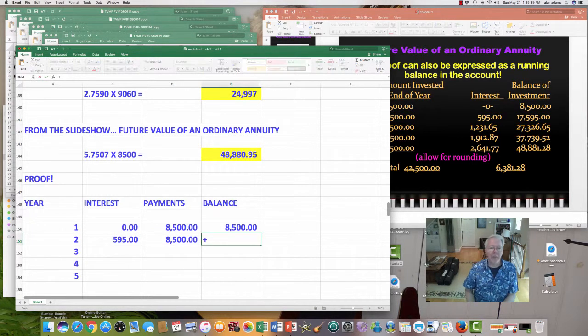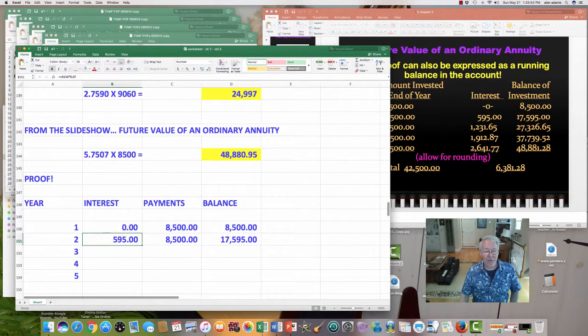I have the amount of money I put in at the end of year 1. I have how much interest that money made me during year 2. And then on the last day of the year, I put in $8,500 more. And now I have $17,595. Okay? I'm going to replicate is the proper word, all my payments, and on my running balance, all of my interest.